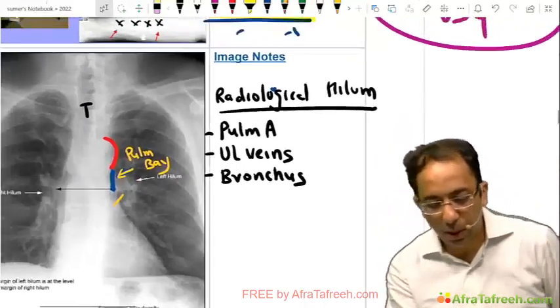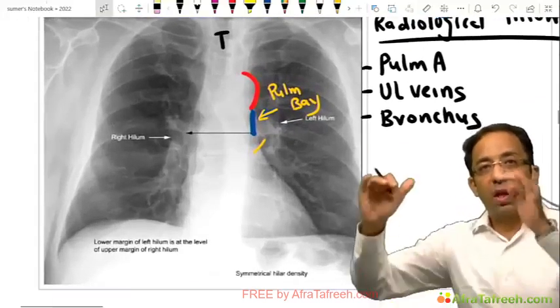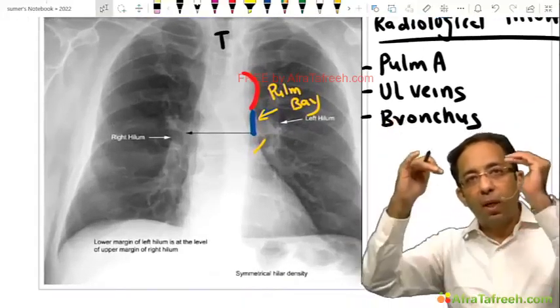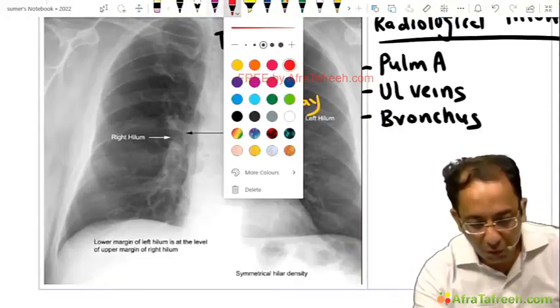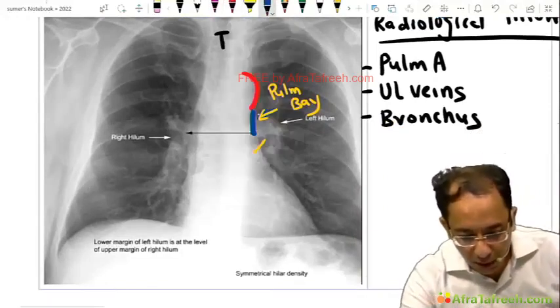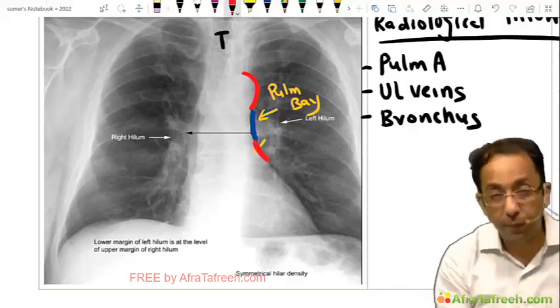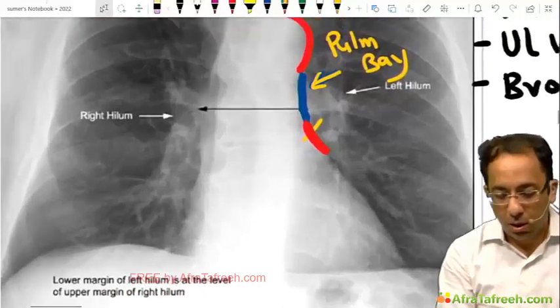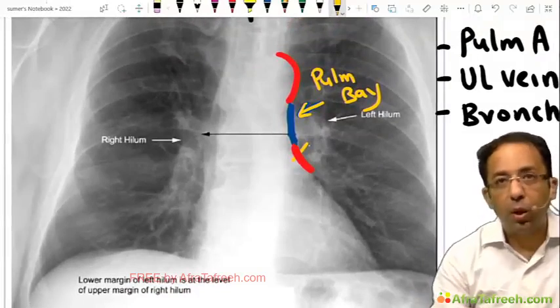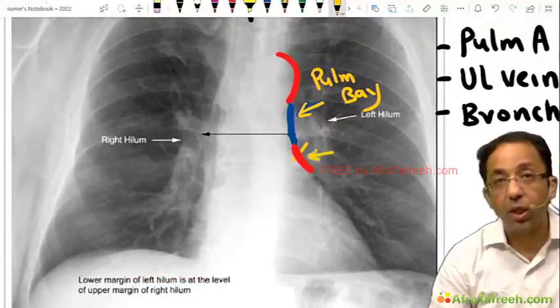Clear? Okay, beta. Okay. Now, if I go below the pulmonary bay, below the hilum, I want you to focus on this small area. You will see a very small area sitting here. Below the pulmonary bay on the left side, you see a very small area sitting here.